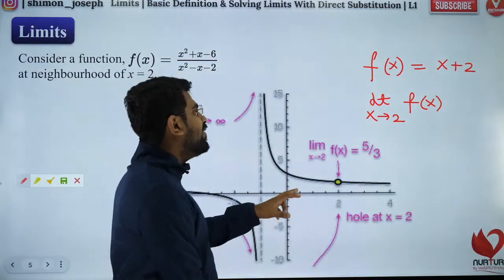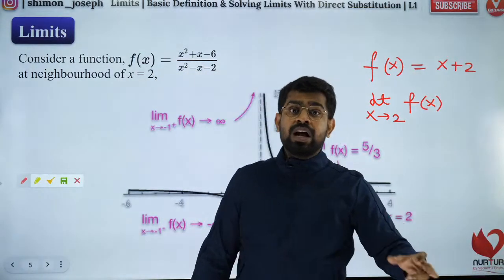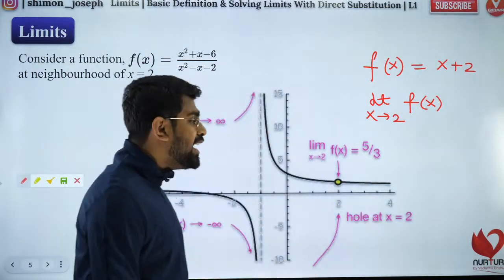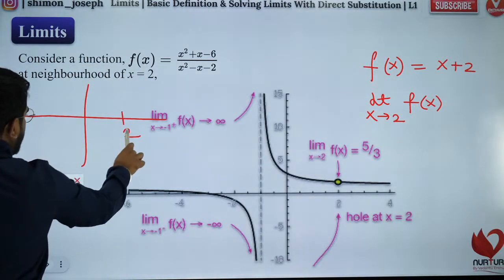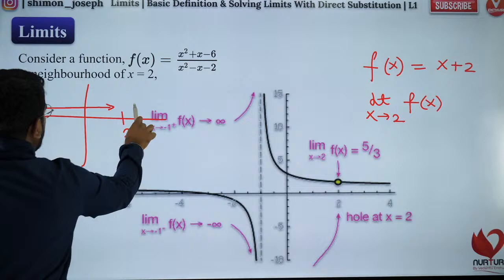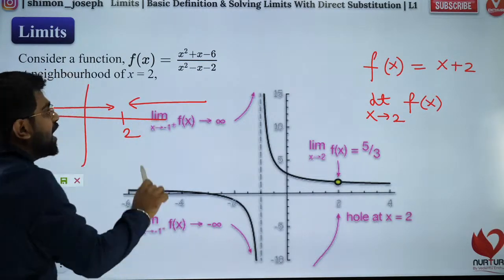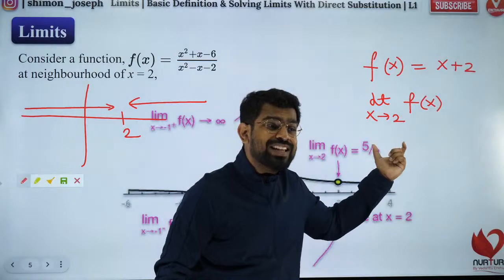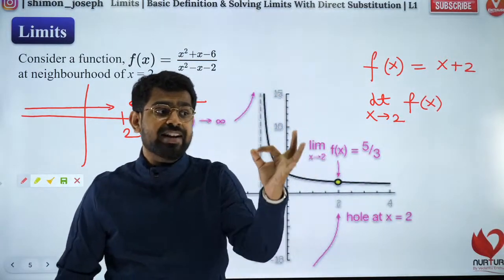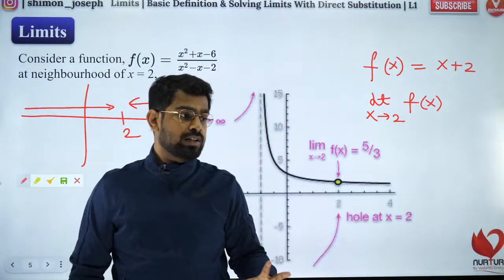So people, whenever I look at limits now, I want to understand as I approach my 2. So x equal to 2 is here. So as I approach my 2, what happens to the function value? That is the meaning of limit x tending to 2 f of x. Please understand that very carefully.